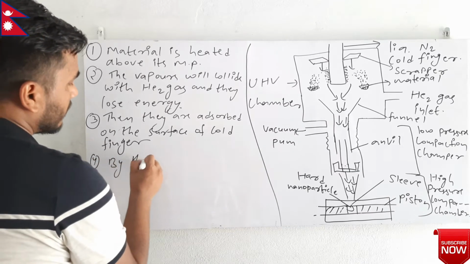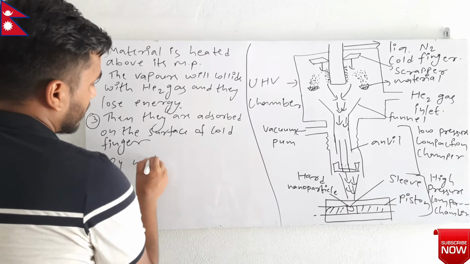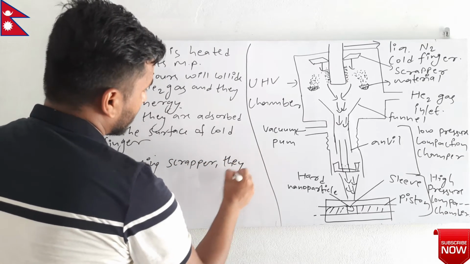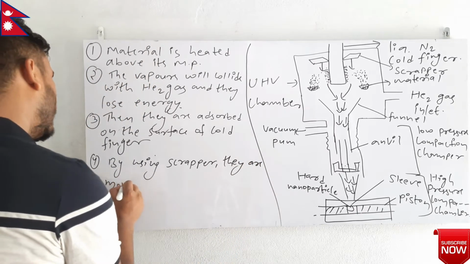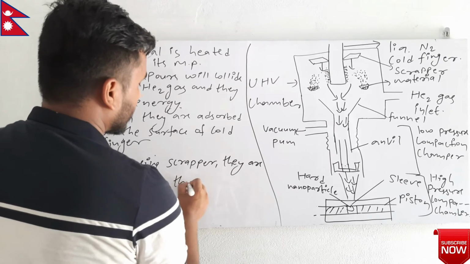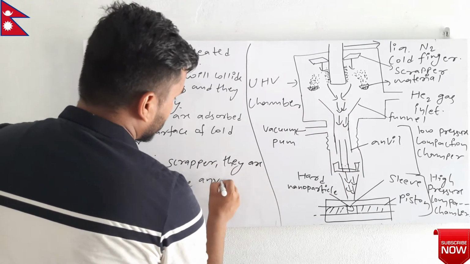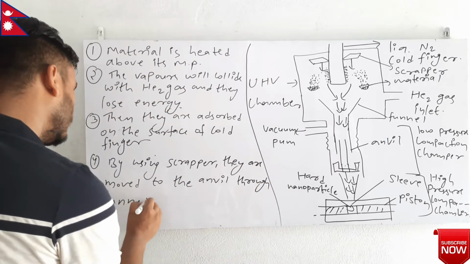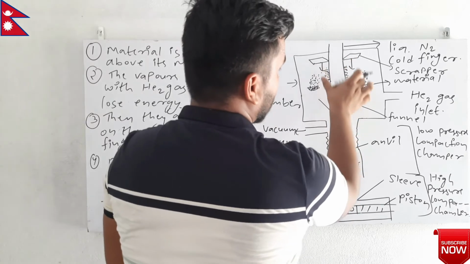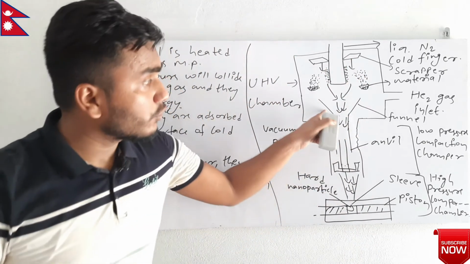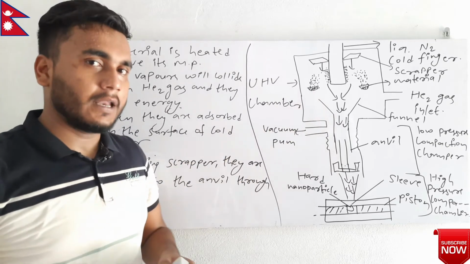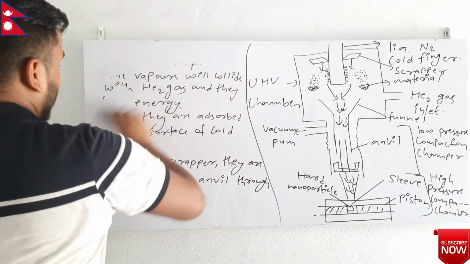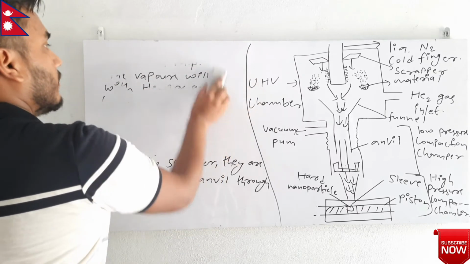By using the scraper, they are moved to the anvil through the funnel. By the help of the scraper, they are moved downward to the anvil through the funnel, because those materials pass through the funnel. Now you can copy this or you can take a screenshot over here. Now let me erase this part and we'll write the further process.